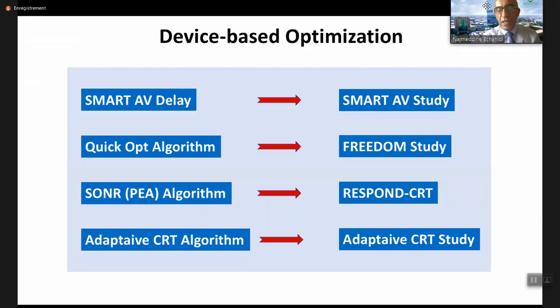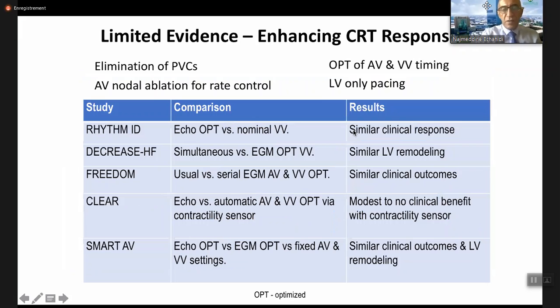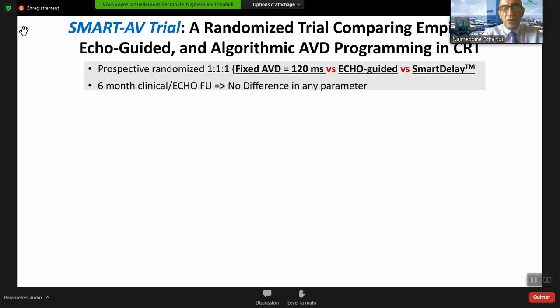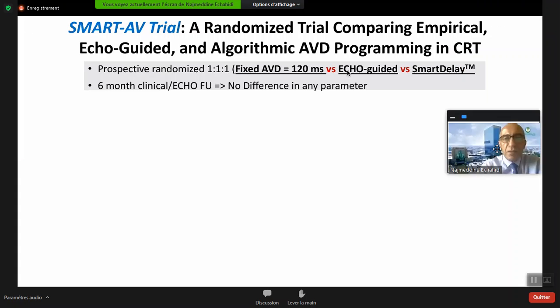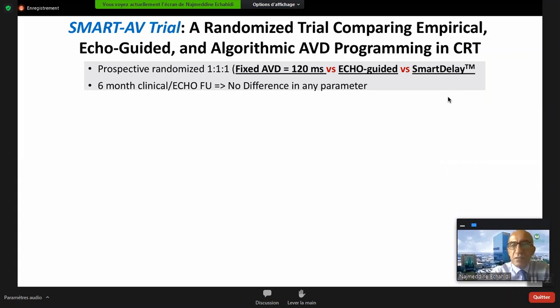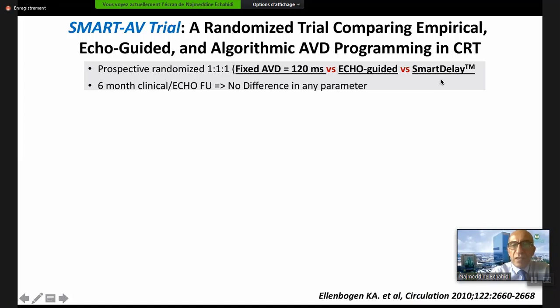So if I don't have time to do this, I prefer that these things be done by the device. And today it's a possibility. And all these algorithms here were studied in different trials. I will not go into all details, but the SMART AV trial is based on SmartDelay, which is an algorithm existing in Boston Scientific devices.